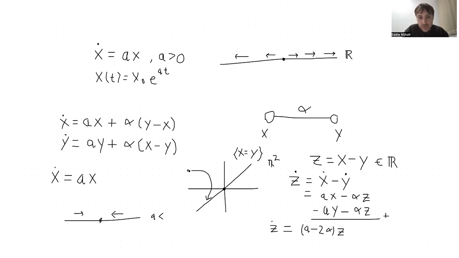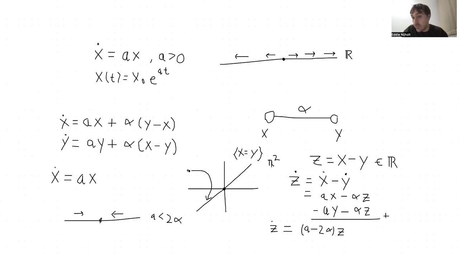So in other words, alpha has to be bigger than a half of a. So as soon as we make alpha, this coupling strength, right? Remember, alpha was the coupling strength between x and y. If we make this bigger than the half of a, right? Than the half of this number over here, then we will just have that the z variables go to zero.